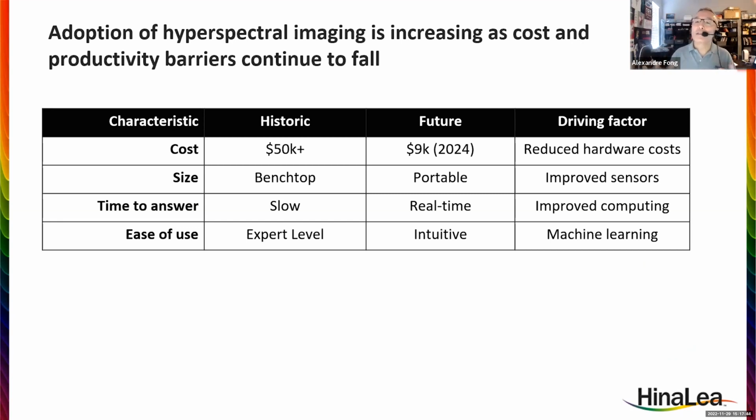In the future, we see the costs coming down significantly. We're already fairly close to that. We're less than half the price of $50,000 with our technology, and we see it going even farther below that. We see it becoming very portable, and we see the output coming in real time.